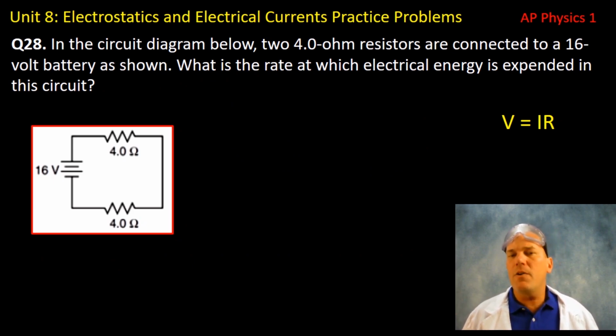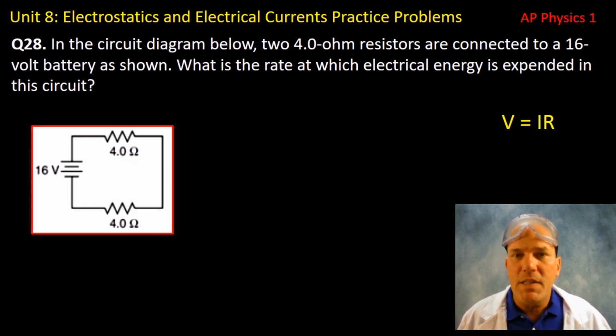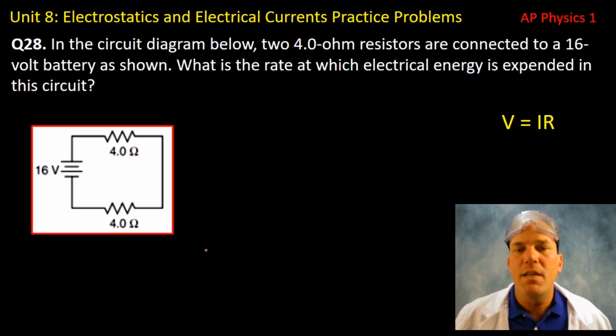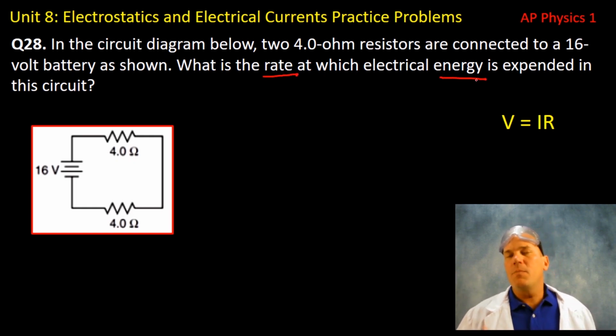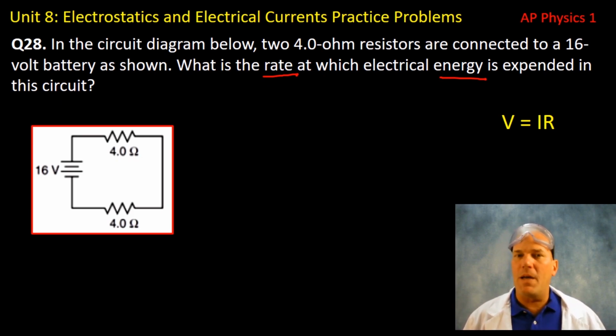Question 28. In the circuit diagram below, you have two 4 ohm resistors, and they are connected to a 16 volt battery. What is the rate at which electrical energy is expended in the circuit? Rate, energy. Now, some of the preceding facts, and in class we've talked about this.